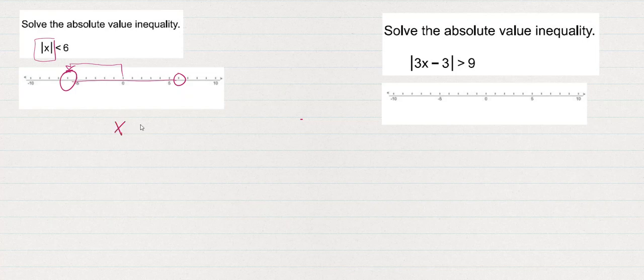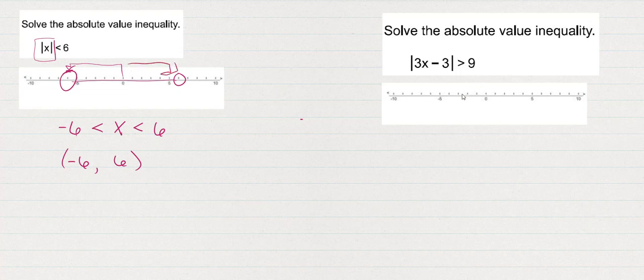So we could say that x is sandwiched between 6 and the opposite of 6. The way we write that in interval notation is parenthesis -6, comma 6, parenthesis. So the interval of numbers that go from -6 up to +6 have an absolute value that's less than 6. The distance from 0 is less than 6, either to the right or to the left of 0.